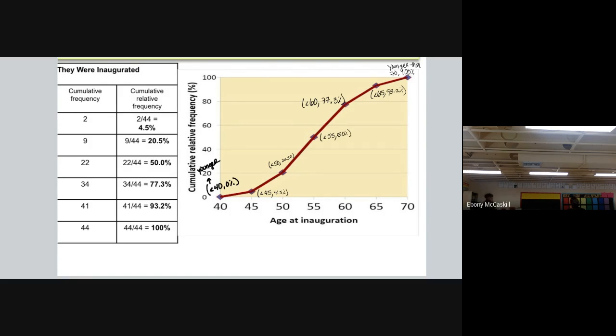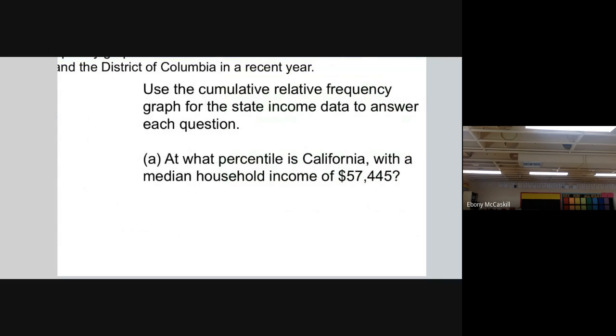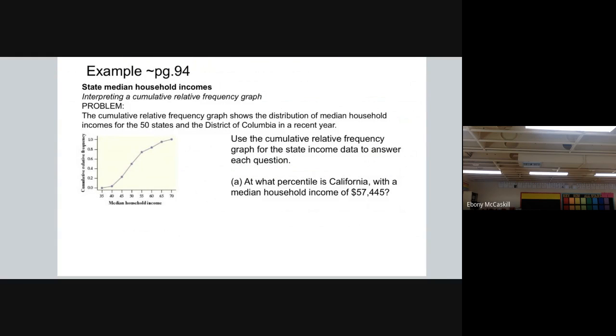Alright, y'all, we have our points. Now let's do some examples. Remember, it doesn't matter if you know necessarily how to do it. We want to make sure we know how to read it. So here's an example about state median household income.